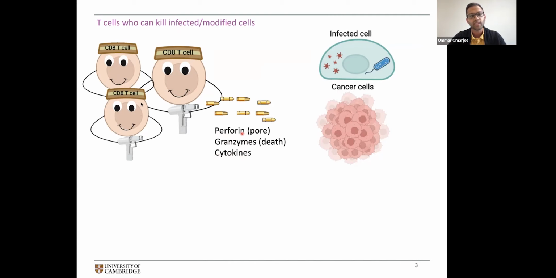So the perforin is going to create, as the name suggests, holes in the cells, and the granzyme is going to enter through those holes in order to induce cell death. And the cytokines are also going to induce cell death through other mechanisms.